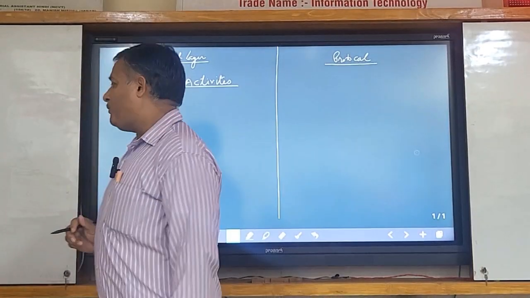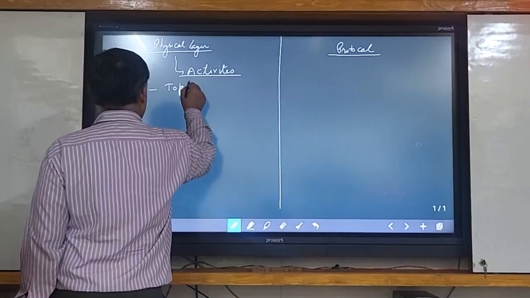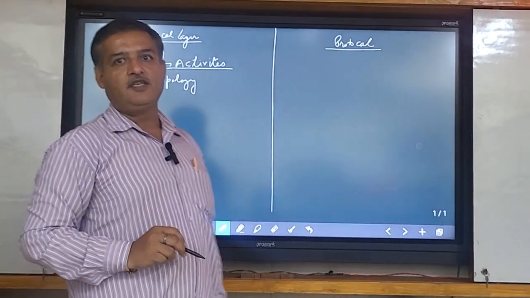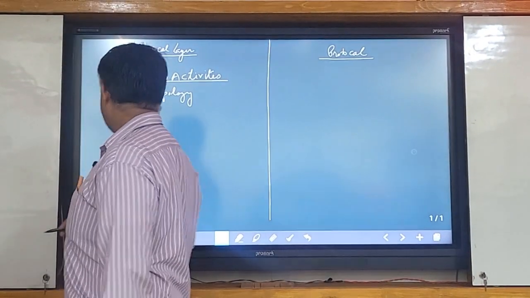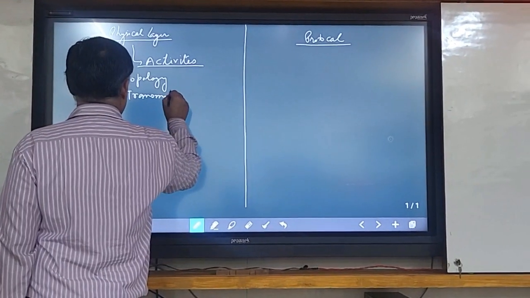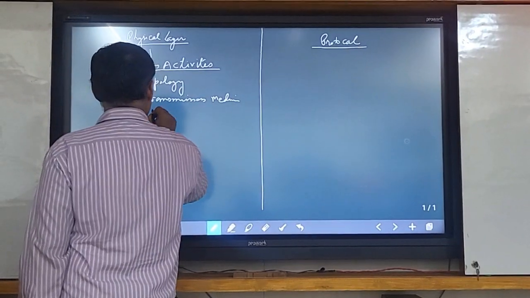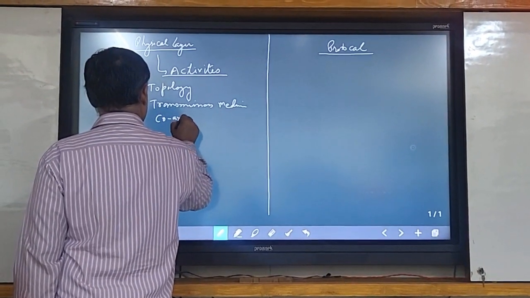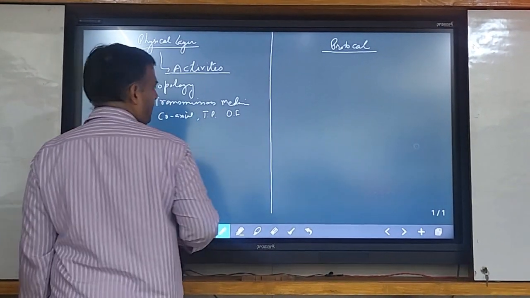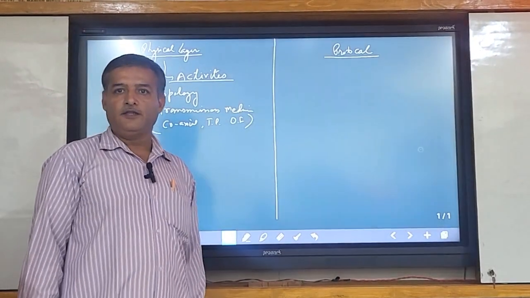The physical layer is responsible for the topology. We discussed in the class before last that computer network topology is discussed in the physical layer. Again, the transmission medium was also a topic we covered: the coaxial cable, the twisted pair cable, the optical fiber, and similarly all the wireless types are also involved in this.